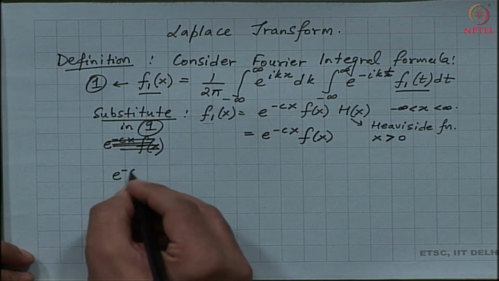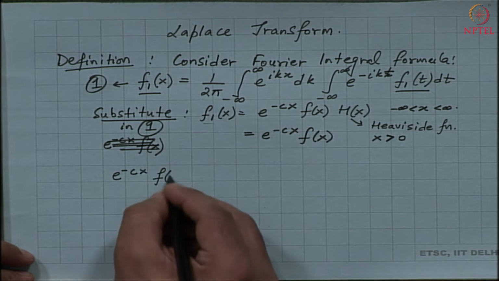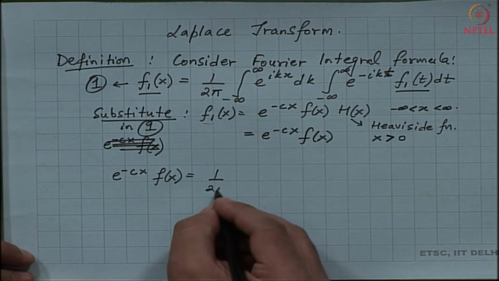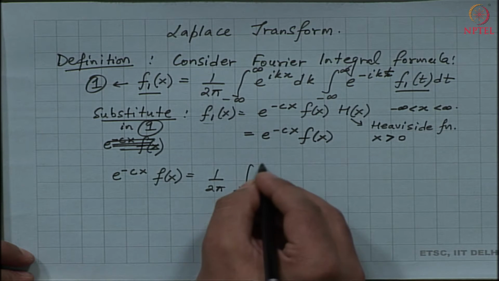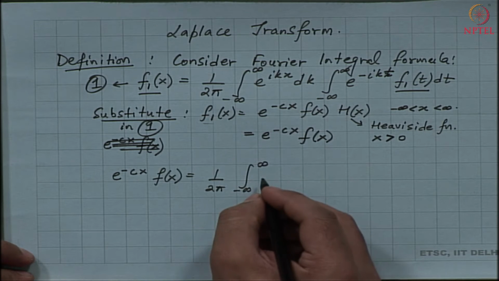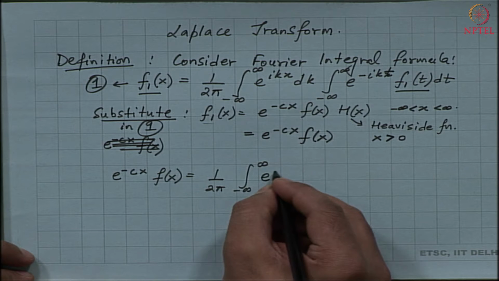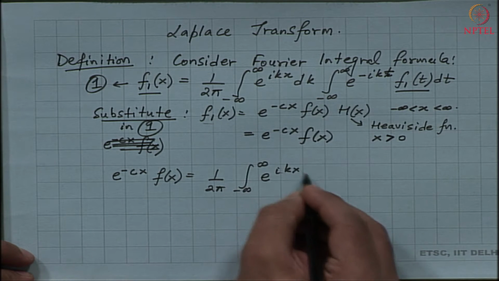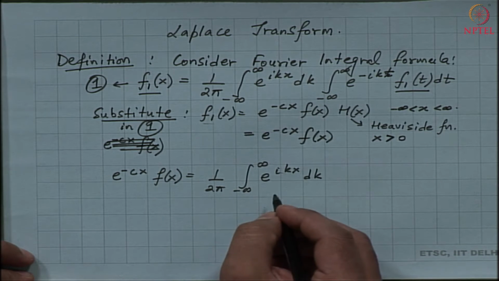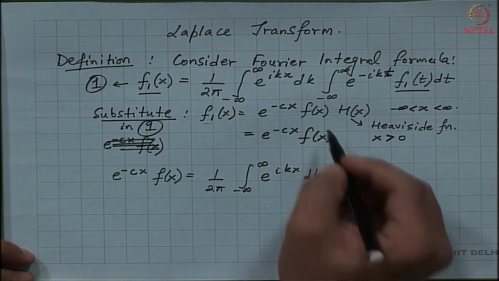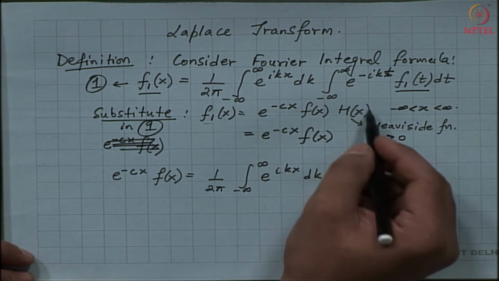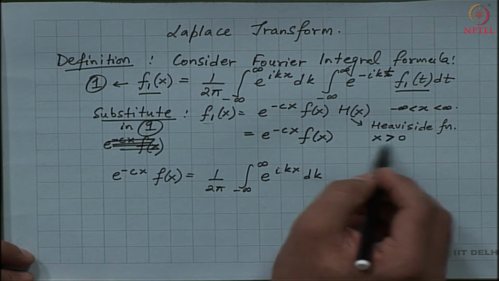I get the following expression: e to the power negative c x f of x is equal to 1 by 2 pi, integral from negative infinity to infinity, e to the power i k x dk. Since this function f1 of x has the Heaviside function, it is evaluated for x positive.